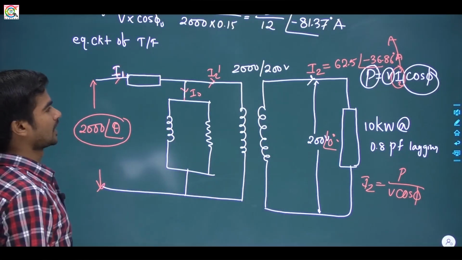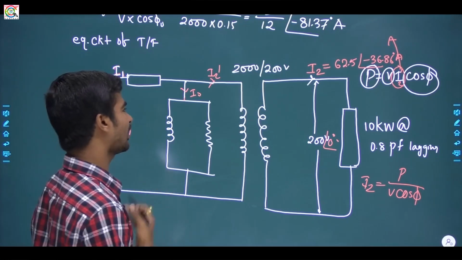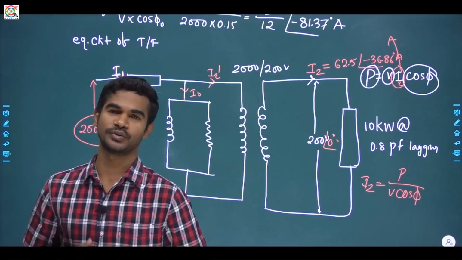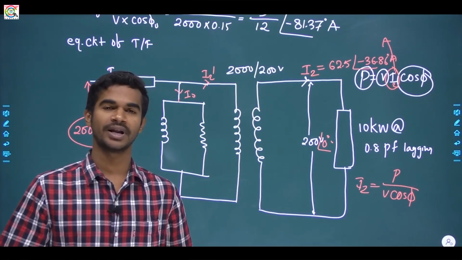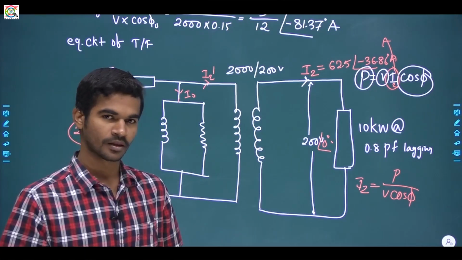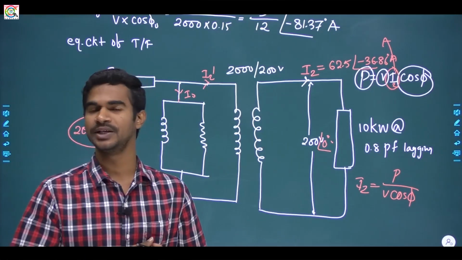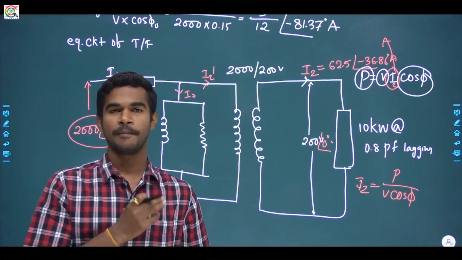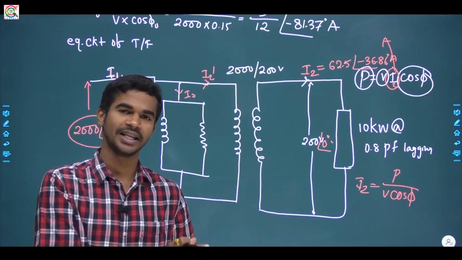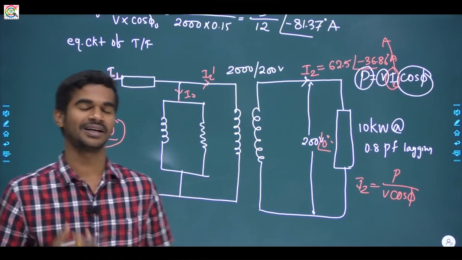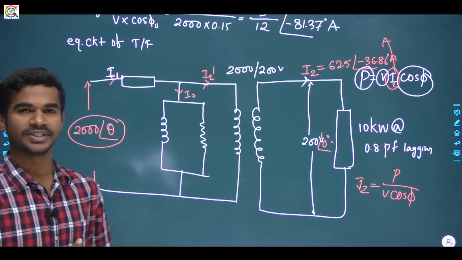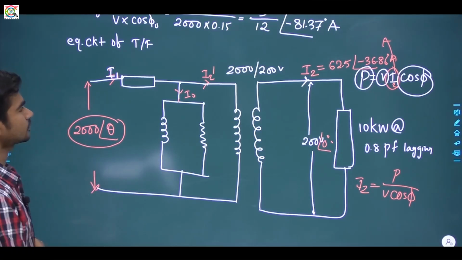Anyway, now what is our target? Our target is to find the input power and input power factor. So input power factor means it is the cosine of the angle between the voltage and current.